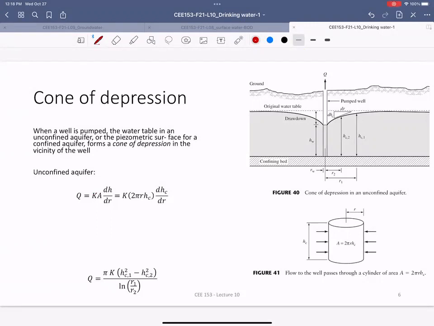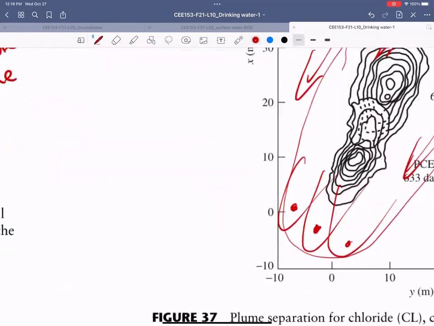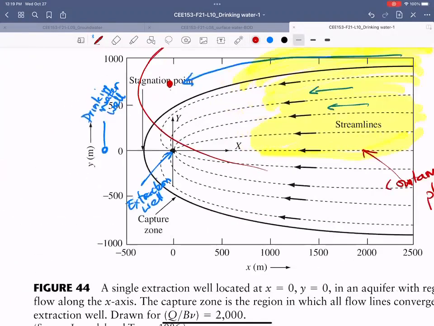For instance, this is called the cone of depression. What I showed over here is the bird's eye view, from above, so you can see how the extraction or the plume is dispersed across the regions.